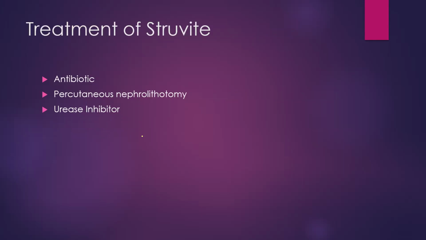The treatment of struvite stones is antibiotics. Antibiotics do not eliminate the source of infection because the bacteria grow within the stone. That is why percutaneous nephrolithotomy is usually required to remove the stone, and urease inhibitors in selected patients.